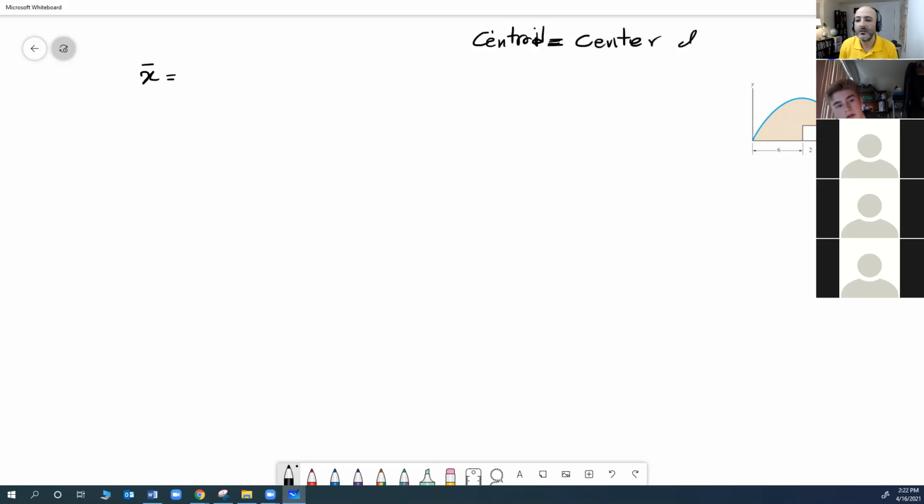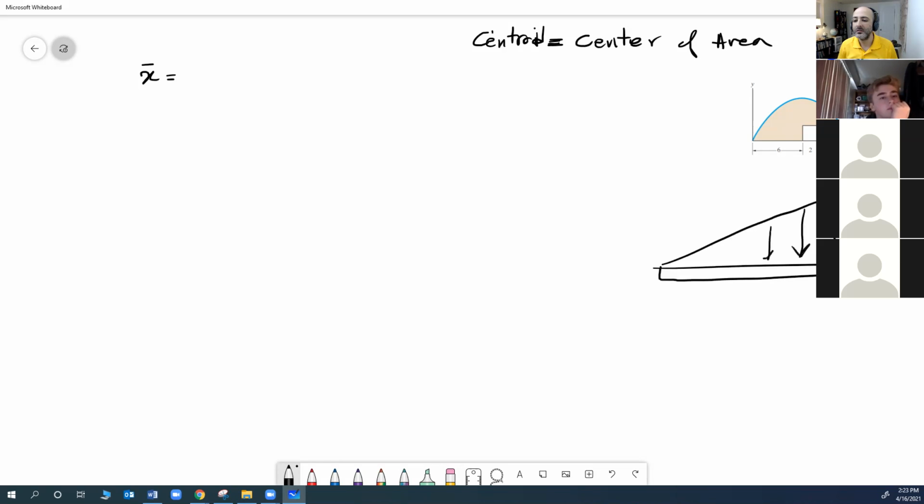So centroid is center of area, okay? Where did we use centroid? Why did we cover it already and use it? Distributed loads, right? So I had a beam. There was a load like this on it, right?